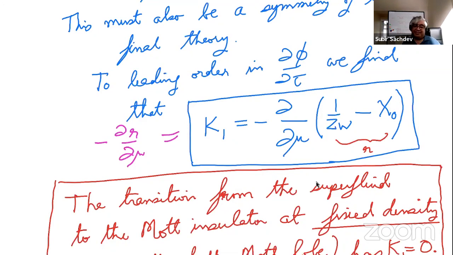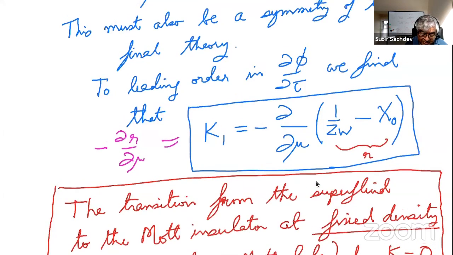If it didn't, it would mean your whole system is unstable and you're starting from a very bad starting point where even slow variations change everything. Also you can check, you do the calculation, and this works out. So we conclude that K1 is 0 when dR d mu is 0.